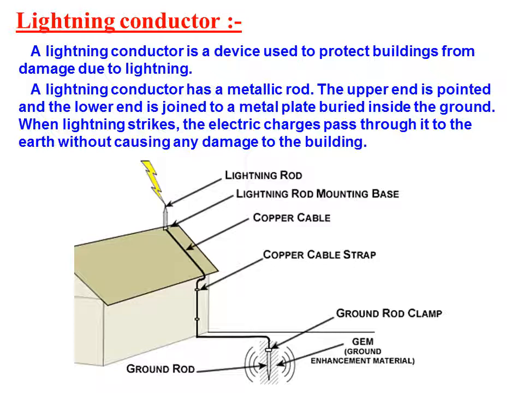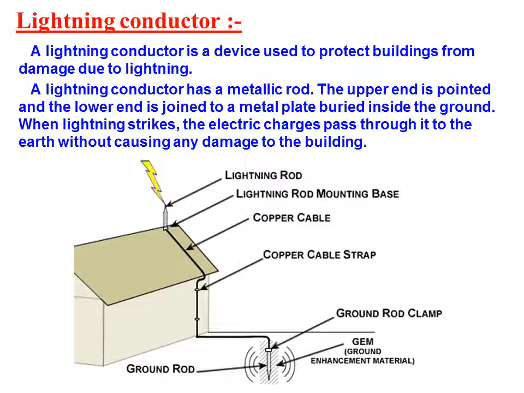A copper cable is connected with the two metal plates, and another metal plate is buried inside the ground. So when lightning strikes, the electric charges pass through it to the earth without causing any damage to the building.